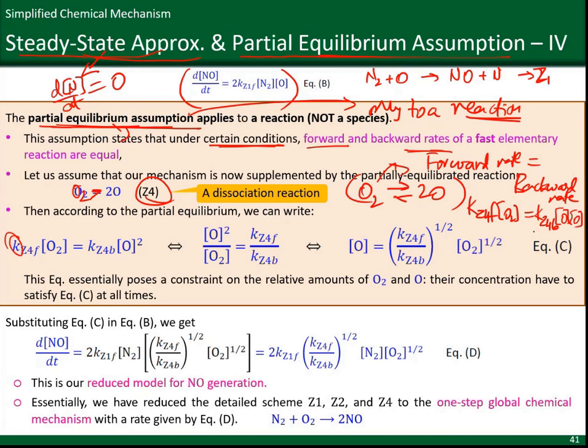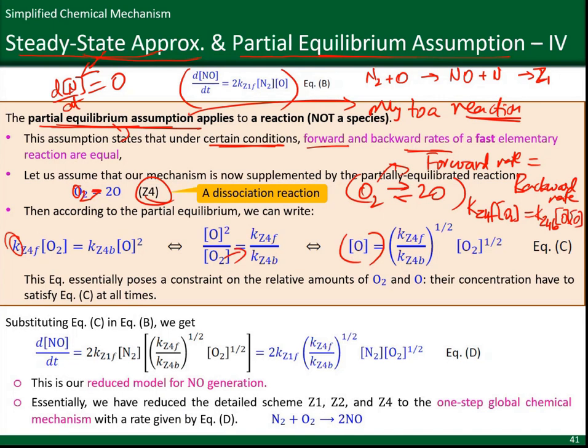Now what we have is an expression for oxygen atom concentration in terms of O2. We can write O squared by O2 is K_Z4F by K_Z4B, but all we care about is the concentration of oxygen atom. So we can send this to the right-hand side.